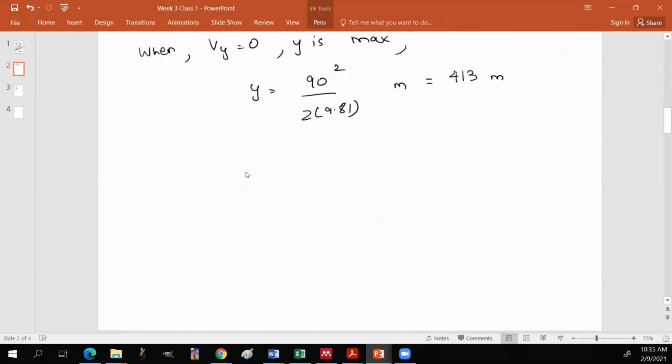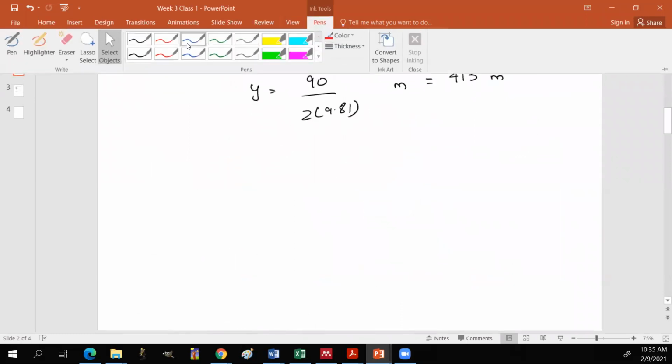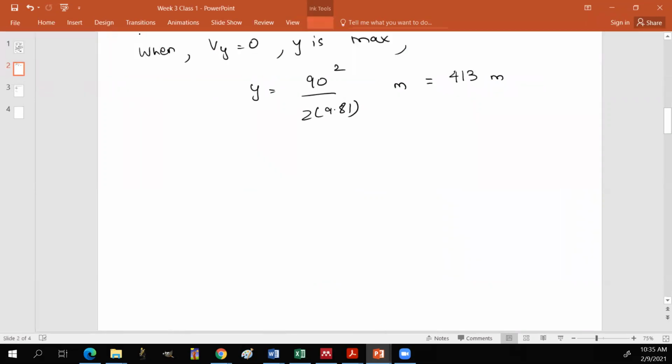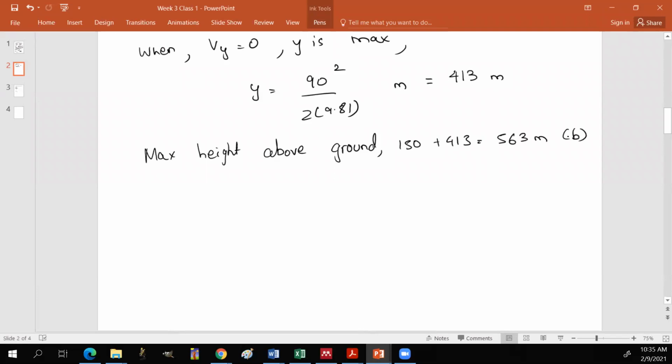So remember to do that. Your max height above ground is equal to 150 plus 413, which is equal to 563 meters. And that's your part B.